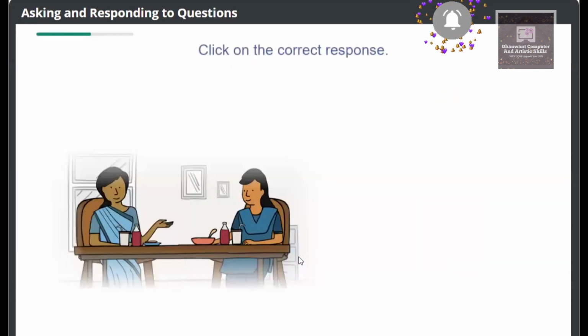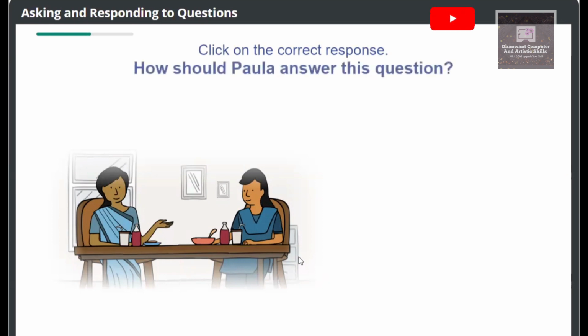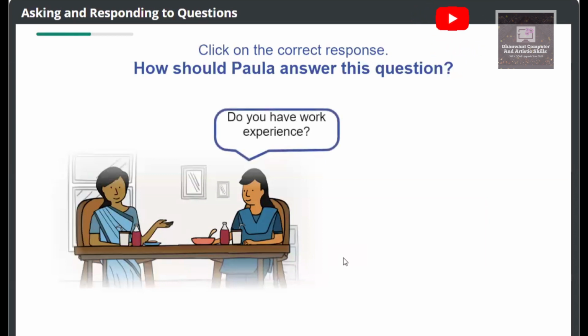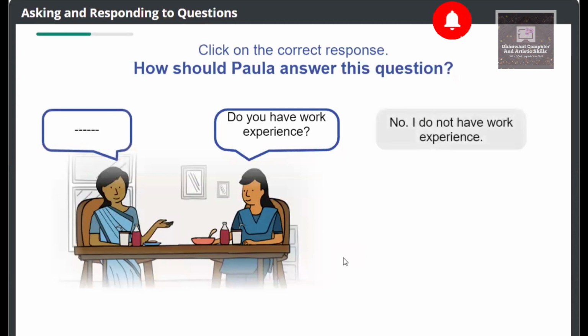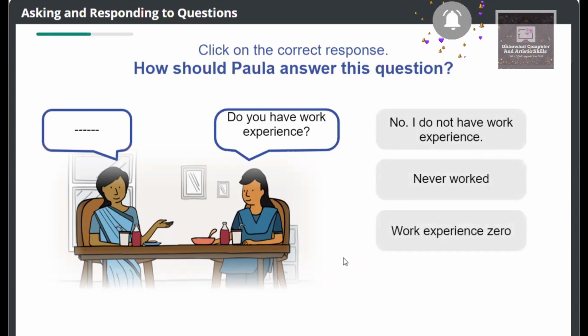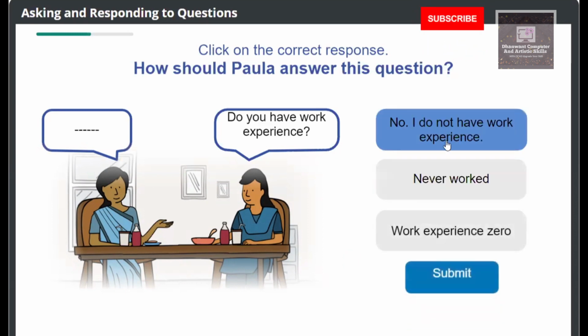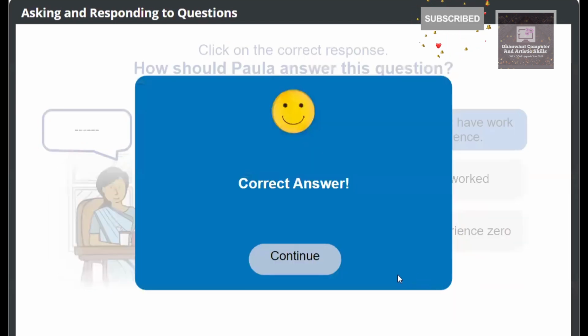Click on the correct response. How should Paula answer this question? Do you have work experience? No, I do not have work experience. Correct answer.